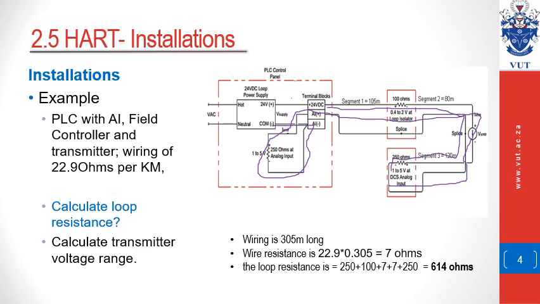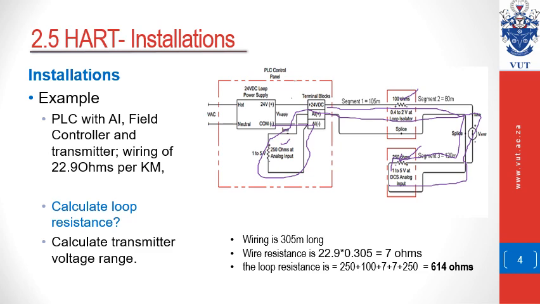So basically, the resistance which the circuit experiences is the 250 ohm resistance, the 100 ohm resistance, another 250 ohm resistance, plus the total resistance of both runs of the cable: the cable that goes from the PLC control panel to the analog input, as well as the cable that returns from the analog input back to the PLC control panel.